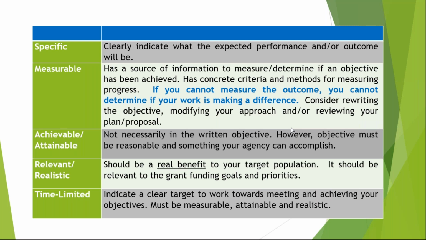So, a really far-fetched example would be that you're writing a sexual assault or rape crisis grant, and you're talking a lot about domestic violence victims. First of all, your target population is kind of skewed, but also, what's the real benefit to domestic violence victims in the sexual assault grant?